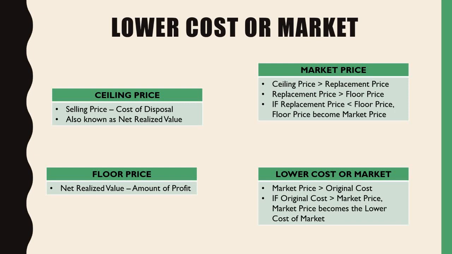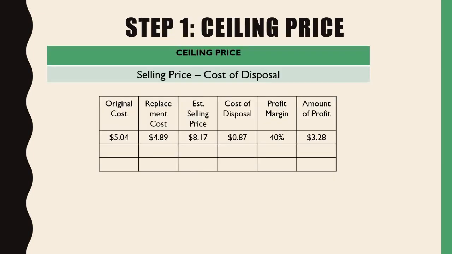Your market and your lower of cost or market is going to be a comparison of numbers, okay? So in this case, that's the idea here. So let's go ahead and break it down and take an example, and I'll show you exactly how each and every single one works, and how you calculate and figure out the lower of cost or market.